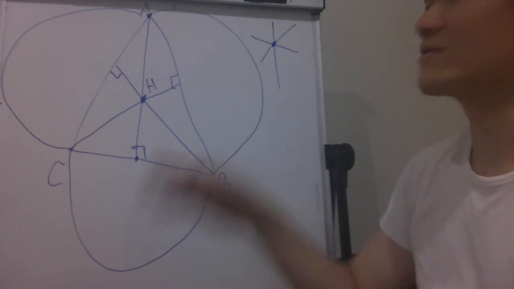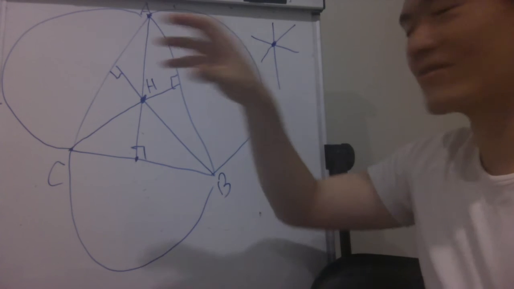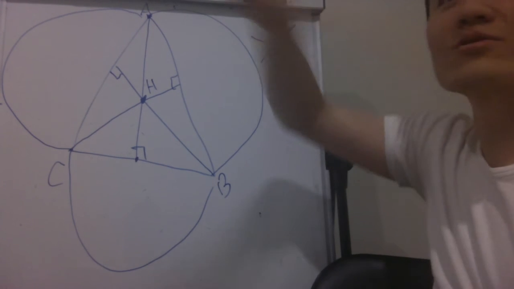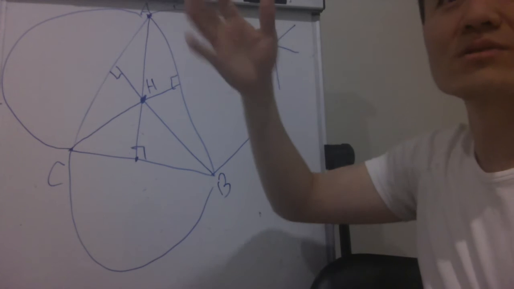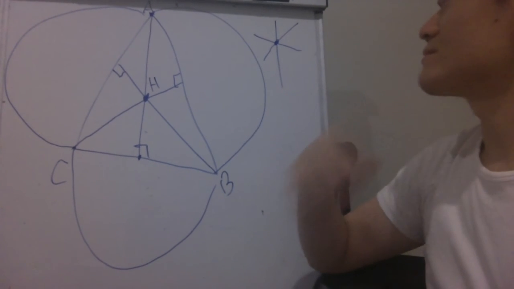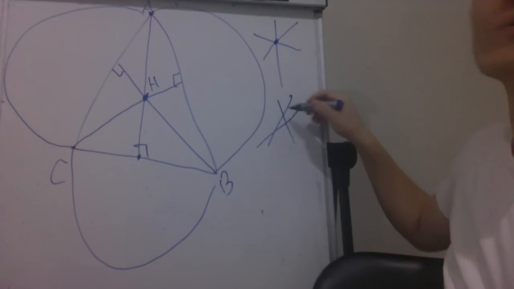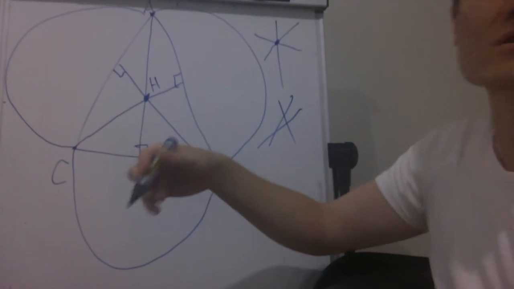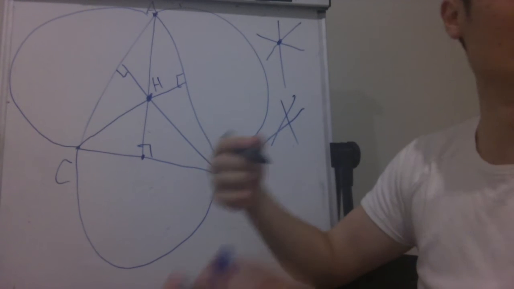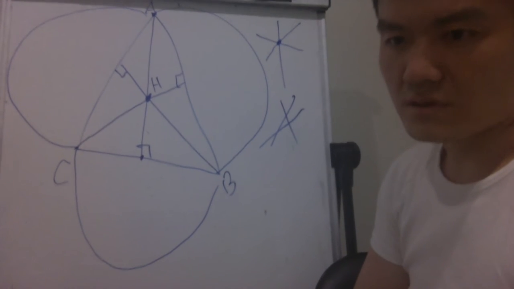Concurrency is an intersection of three lines, while collinearity is one line going through three points. If you have three lines, there could be three points of intersection, and if you had three points, there could be three lines joining them. So there is a bit of a duality. Nice. Alright.